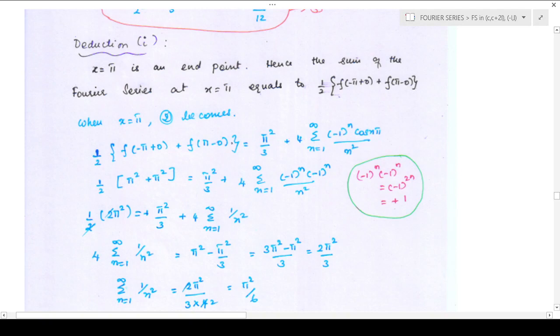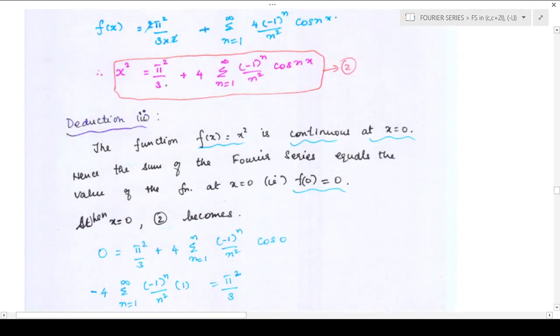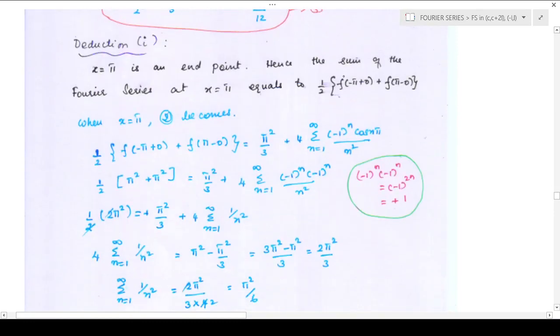Children, unless it is a continuous point, you cannot put x equal to 0. You understood? That is the convergence condition I have given. Only at a continuous point is it f of x. If you apply x equal to 0 in equation 2, it will become f of 0 only when x equal to 0 is a continuous point. Here it is not so.